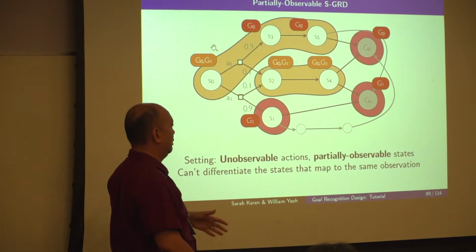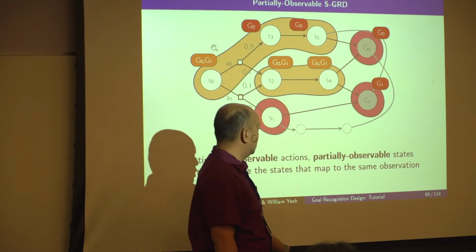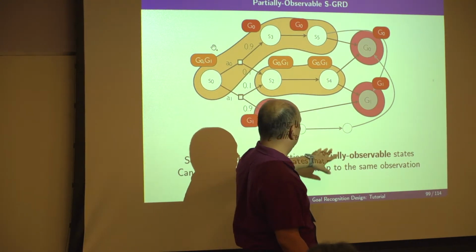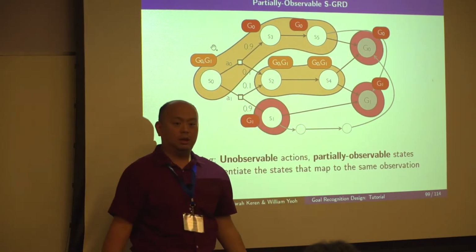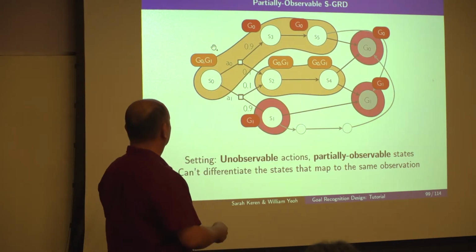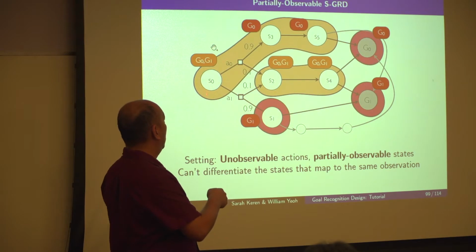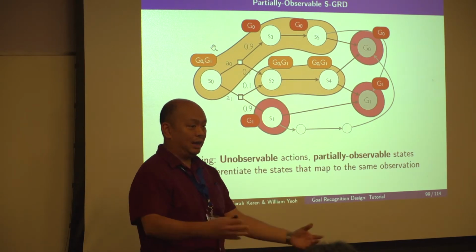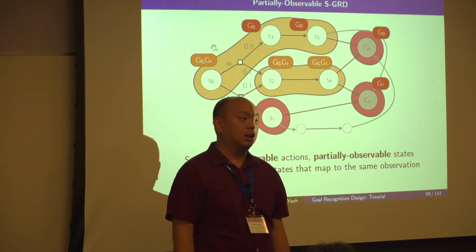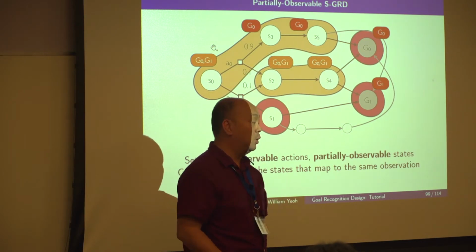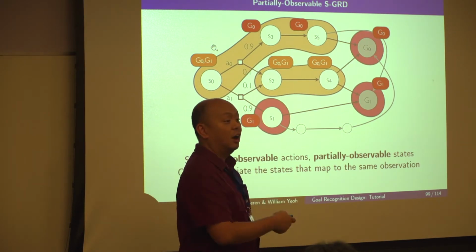And now let's say we make it even harder, so the states are also now partially observable. Previously, if you were here, I knew that you were here. But now let's say if you are in any of these three states, I can't tell the difference. My GPS satellite tells me you are in one of these three states.